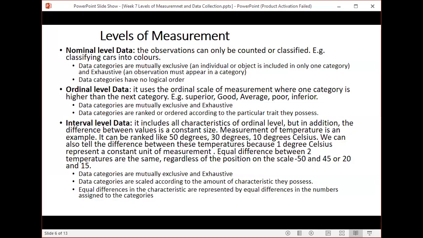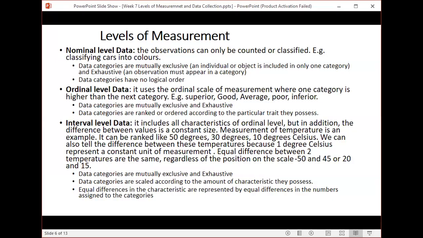What are the characteristics? The characteristics are that data categories are mutually exclusive. If I put cars into red, yellow, and green, no car can be red and green. So every category is mutually exclusive.